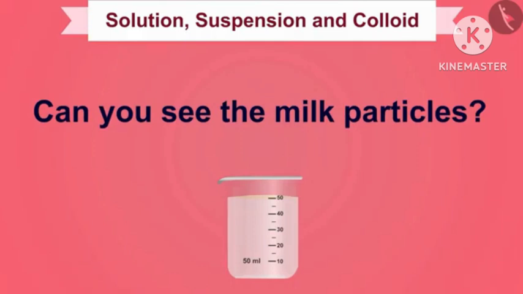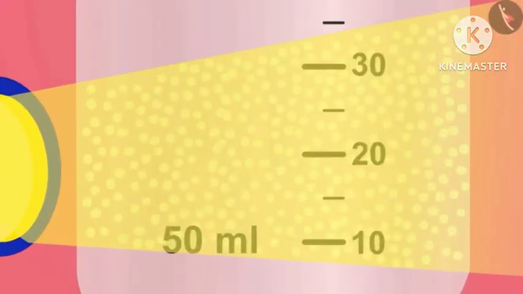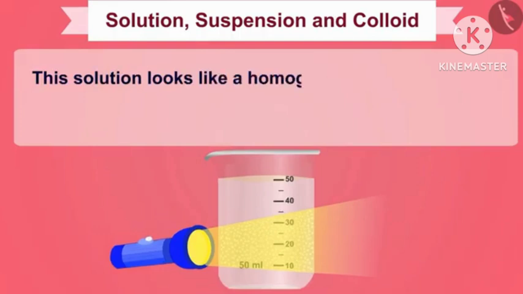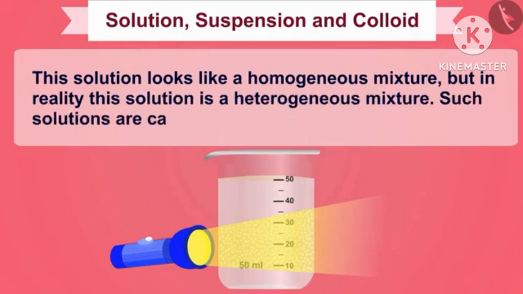No. But if we try to pass a light beam through this solution with the help of a torch, we will find that the milk particles easily scatter the beam of light. Therefore, this solution looks like a homogeneous mixture, but in reality, this solution is a heterogeneous mixture. Such solutions are called colloidal solutions.